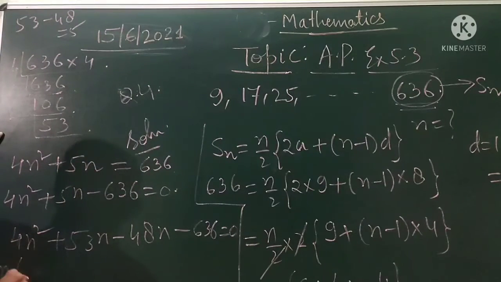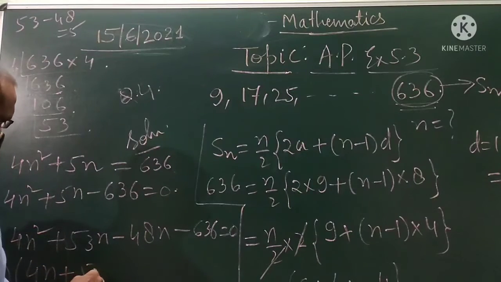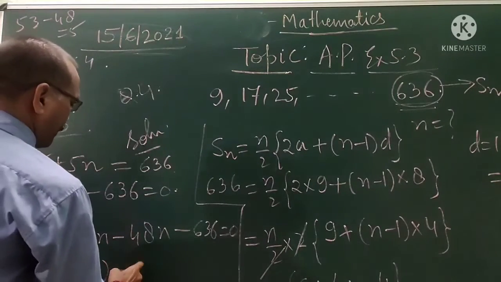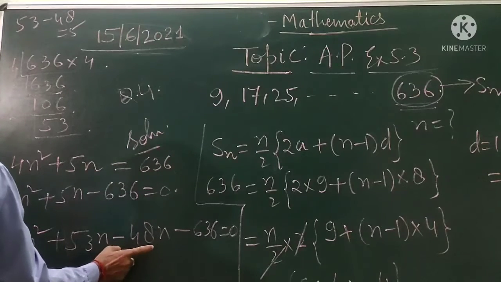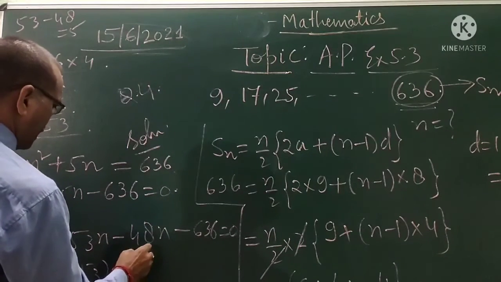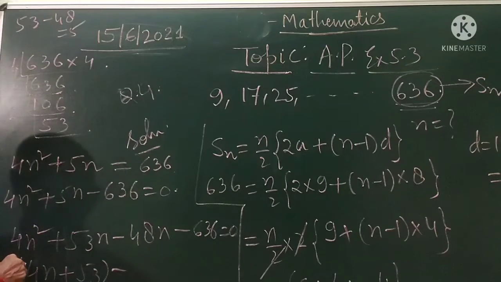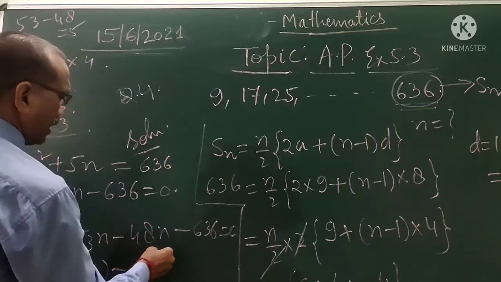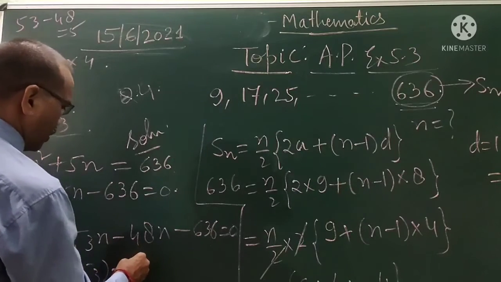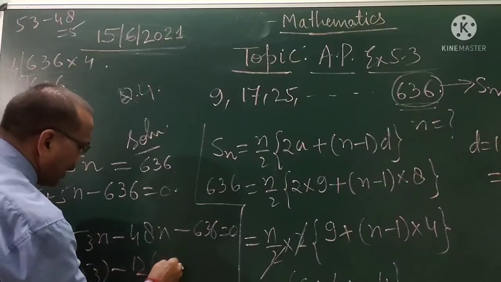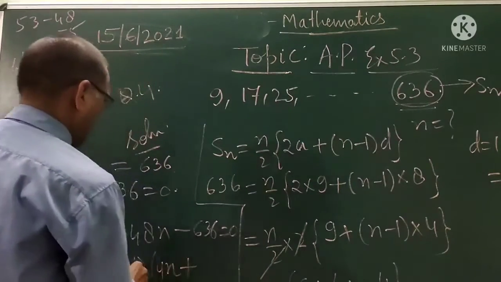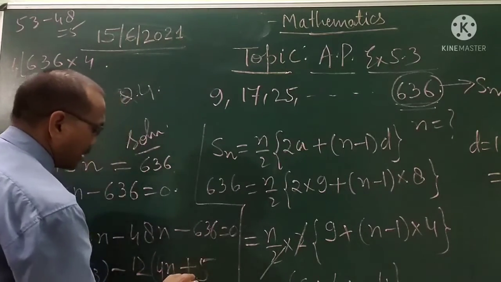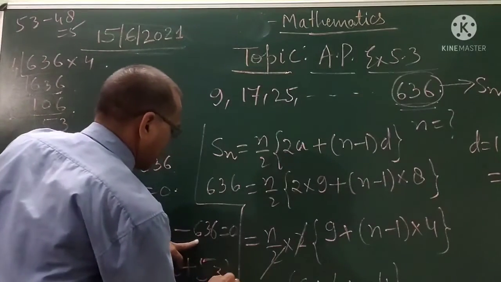Here n is common, so it is n into 4n plus 53. Here 12 is common, so it is 4n plus 53 minus 12 into 4n plus 53 equal to 0.